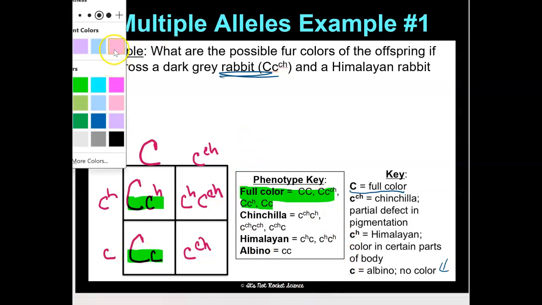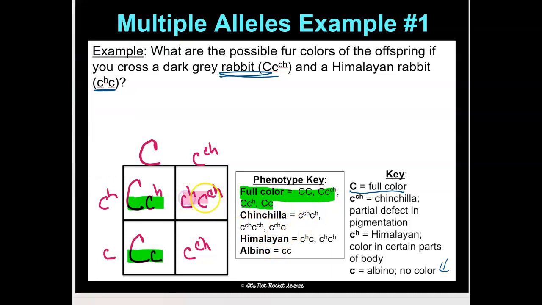Then what about my chinchilla? So chinchilla is any combination of this chinchilla allele with either the Himalayan allele or the albino one. So this guy would have the chinchilla. And then finally here, I have one that has the chinchilla and an albino.